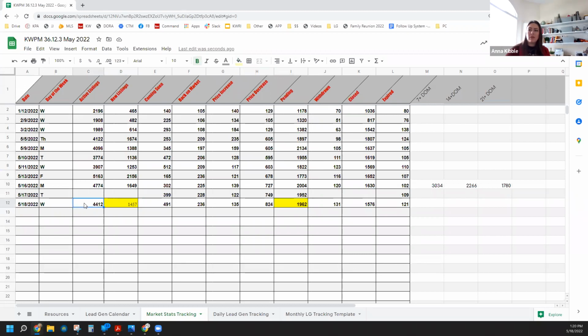Which is why this number doesn't really grow that dramatically, right? There were definitely a few weeks here where fewer were selling than are coming on the market. But if you just do the math over a long enough period of time, this 4,400 is going to be back down to 2,000 before you know it, should this trend continue, right? So some pieces to keep an eye on there.